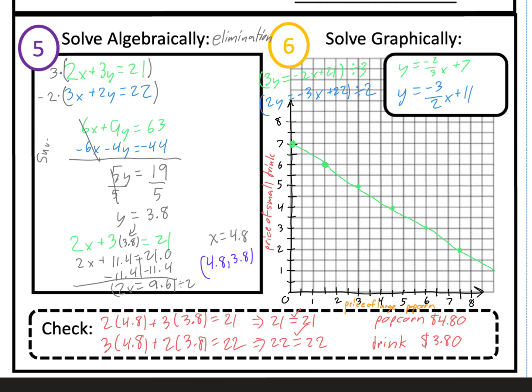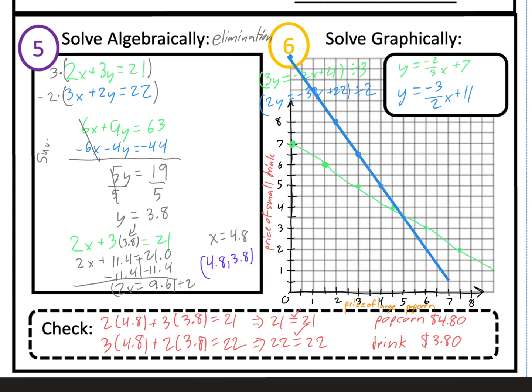Now we're going to do the same thing for the other equation. This time we're going to start at 11, so 0, 11, and we're going to go down 3 and right 2. And we're going to keep doing this until we finish out our graph.